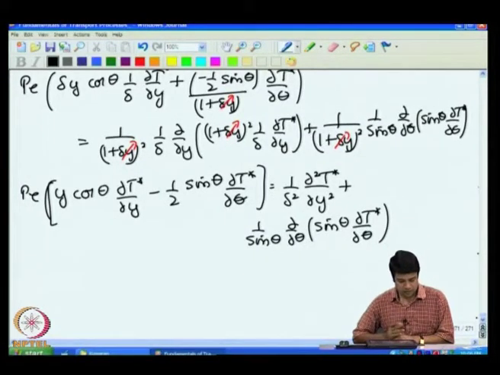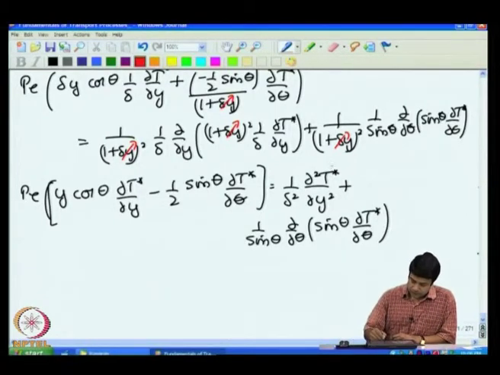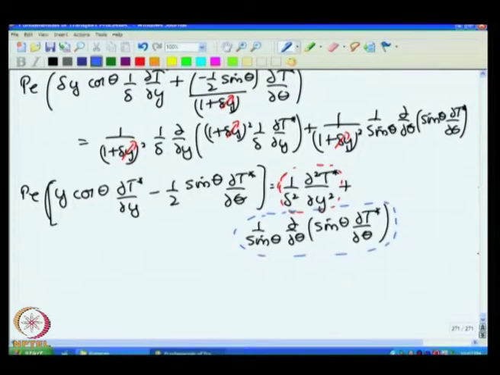So, note that both terms on the left hand side are of equal magnitude. They both scale, they are both order 1 in the limit as delta goes to 0. So, they scale as delta to the power 0 in the limit as delta goes to 0. On the right hand side, I have one term which goes as 1 over delta square, and the other term which has no deltas in front of it.